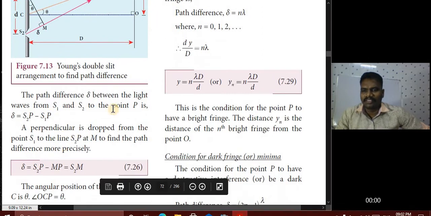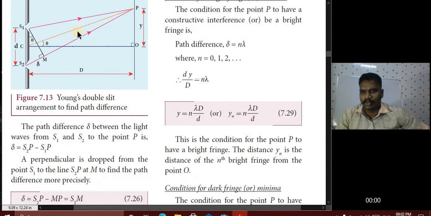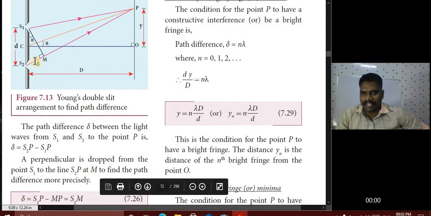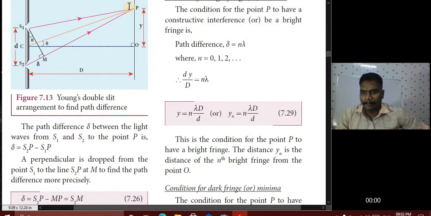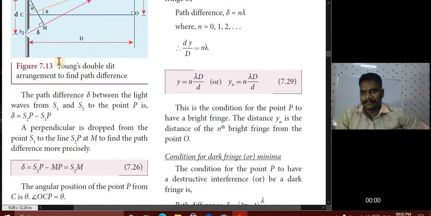Now the path difference delta between the light waves from S1 and S2 to the point P is delta equal to S2P minus S1P. A perpendicular is dropped from the point S1 to the line S2P at M, to find the path difference more precisely.